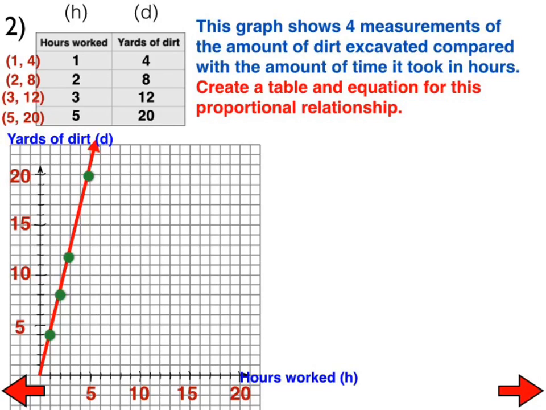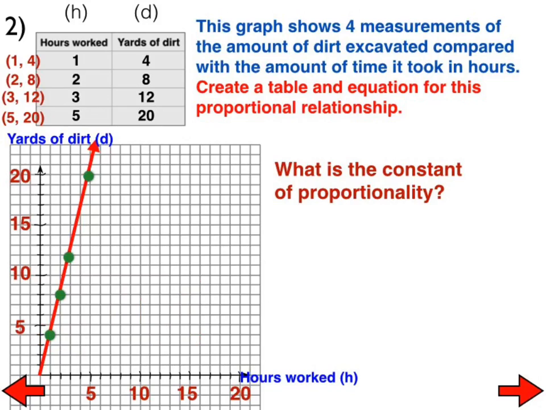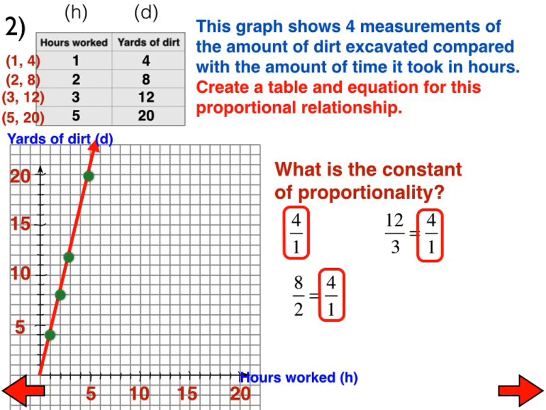We need to find our constant of proportionality. We actually can see it, as Carly told us, from that ordered pair right there. We've talked about that before. So the 4 would be the constant of proportionality. But if you're still having issues with that, you can check with your ratios. All the ratios simplify to 4, so therefore our constant of proportionality is 4.